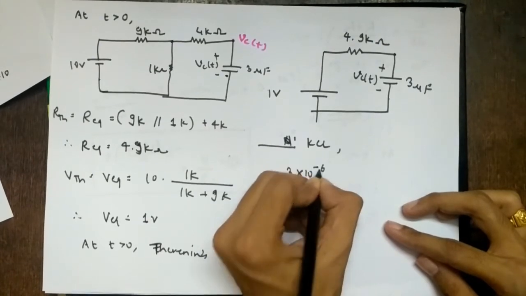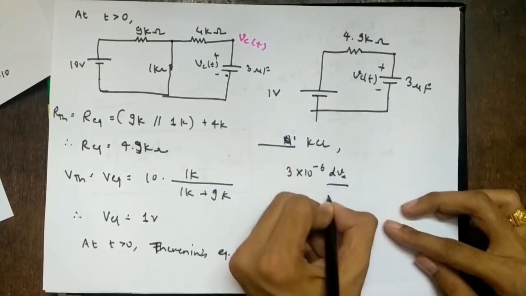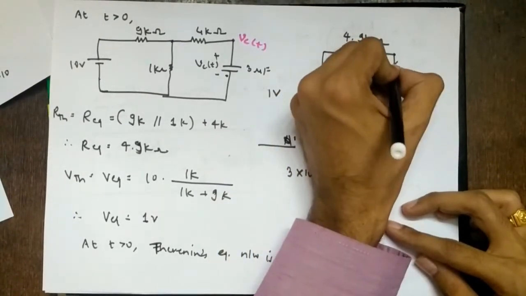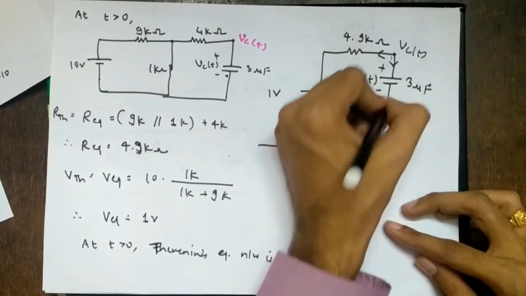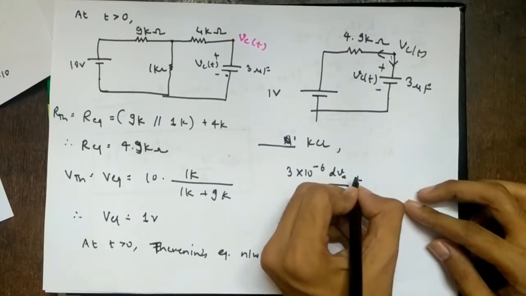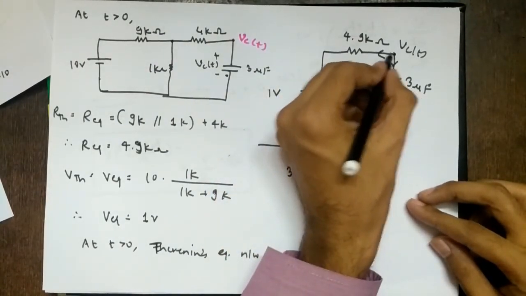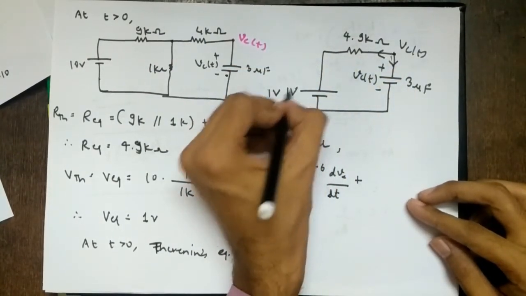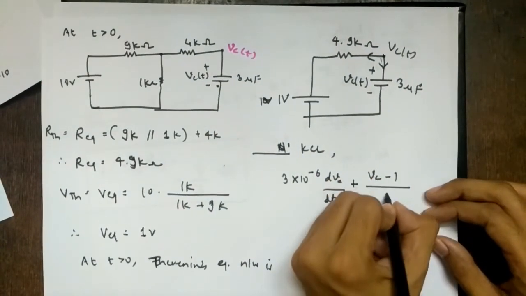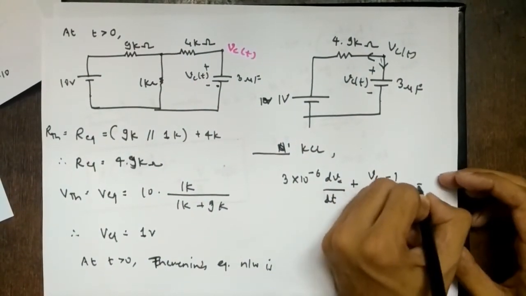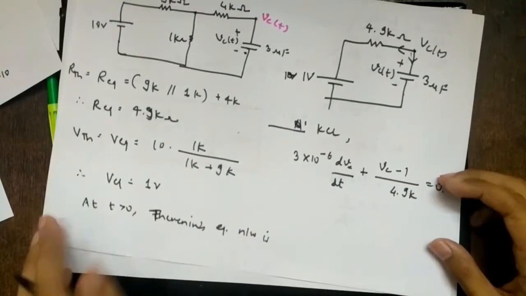So C dV by dt. How did I get this? I am assuming current going outwards. This is my Vc of t. So this plus Vc minus 1, this is 1 volt. So Vc minus 1 upon 4.9k equal to 0, right?